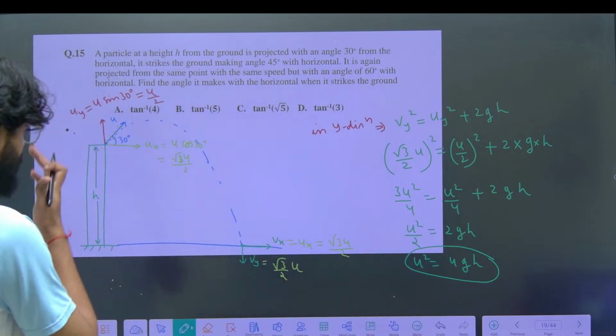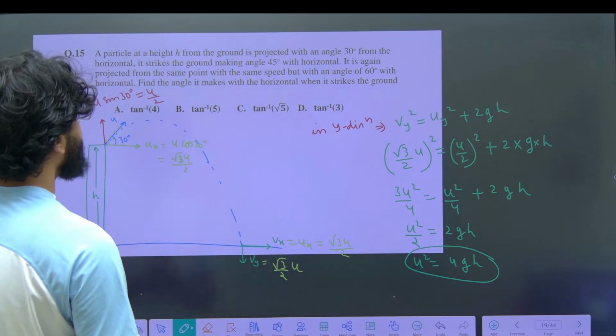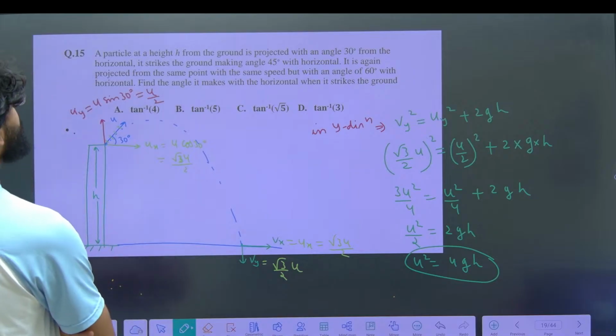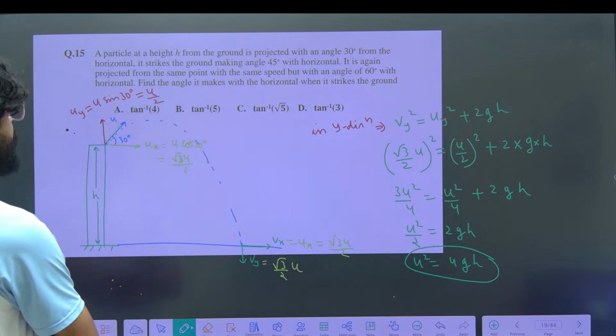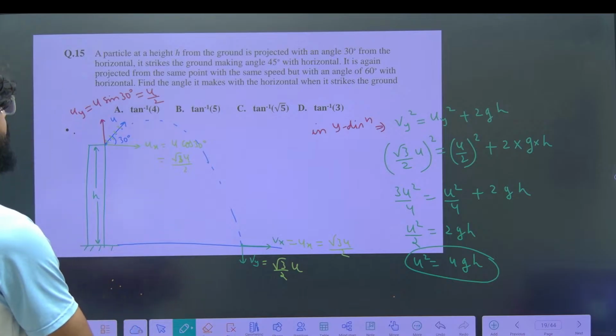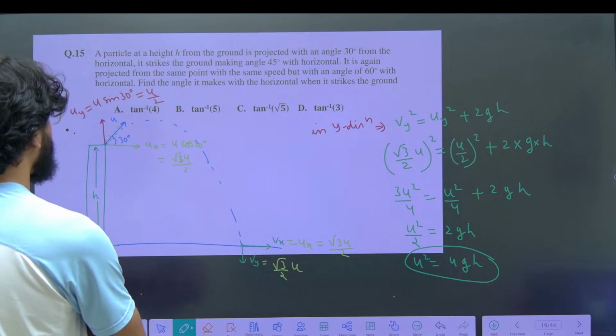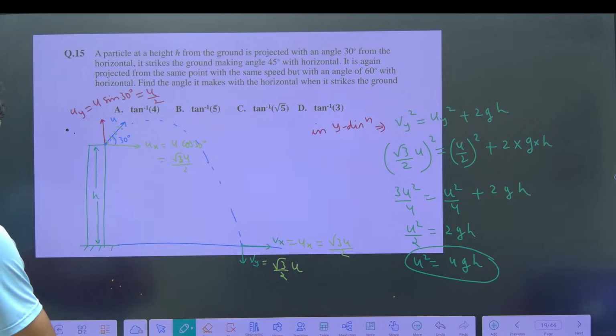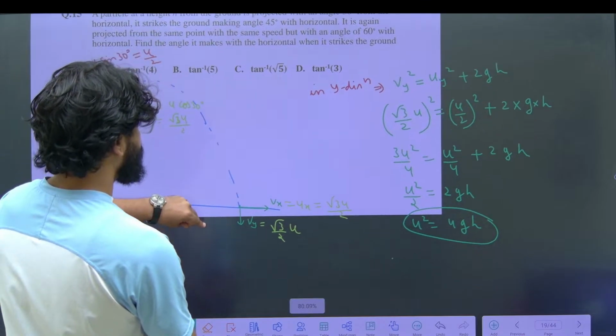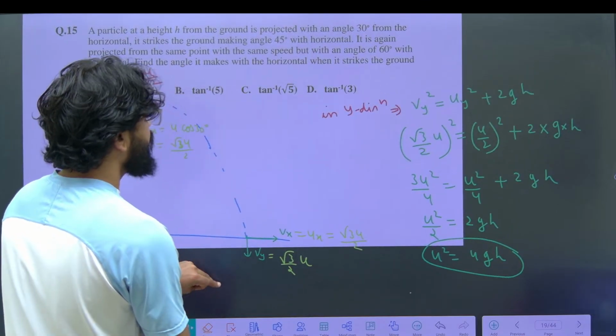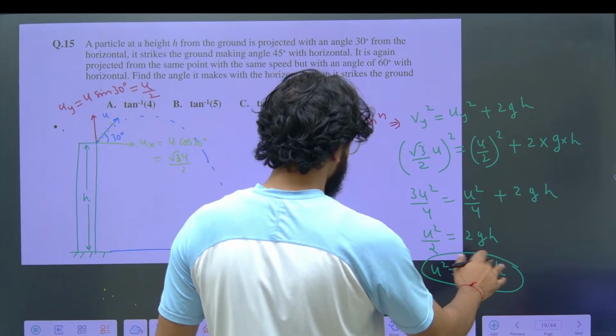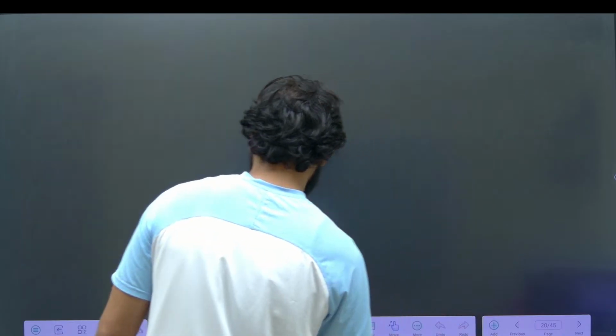Okay, now the questioner is saying it is again projected from the same point with the same speed, but with the angle 60 degree with the ground. Okay, find the angle it makes with the horizontal this time. No issues. So let's do it on another page. Just remember the value of u square is 4gh.